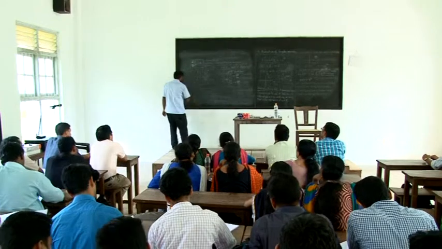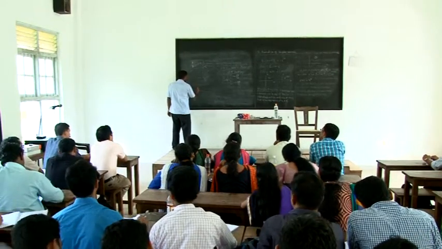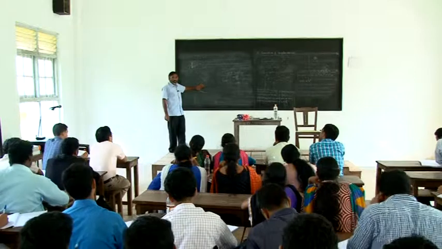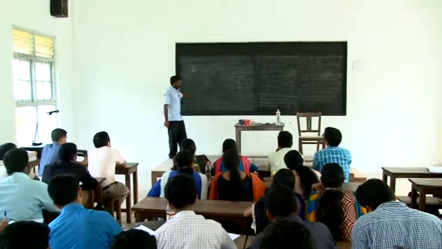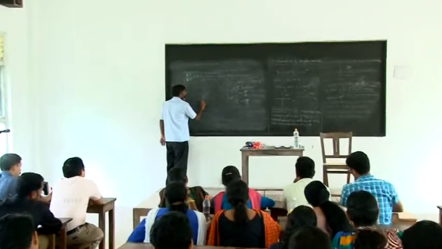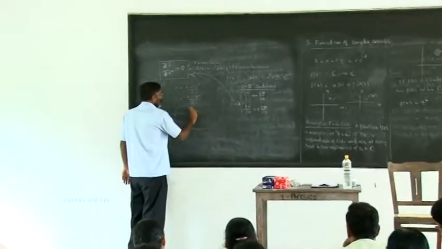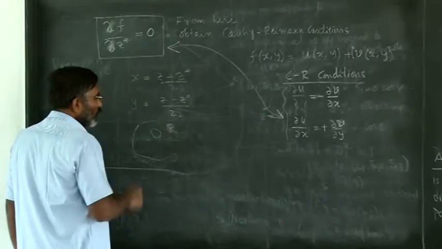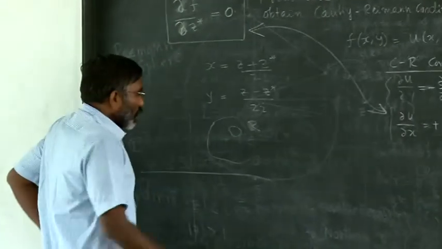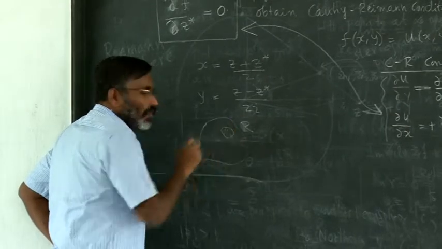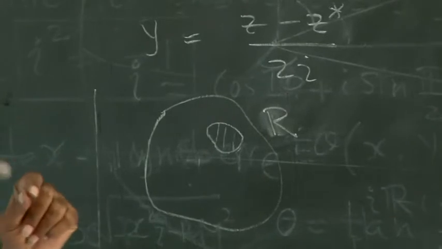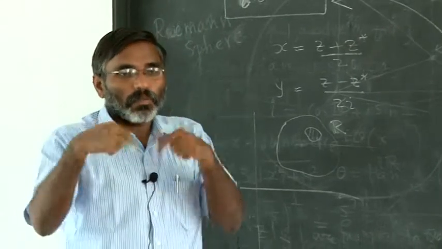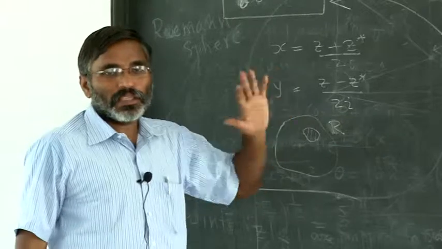Suppose I have a complex plane and there is some region, which we will call R. This region is called simply connected if I draw any closed contour inside this region, and the region enclosed within the contour belongs to this region R. Wherever I can draw any closed curve inside this region, the region inside the contour should be part of R. Then it is called simply connected.